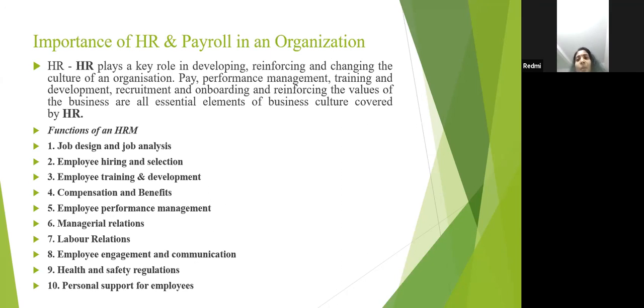Then comes compensation and benefits. That's the fourth part we are looking into in an organization. From the major crux of the total cost expenditure, here comes the role of payroll of an organization. It is a must to cut down the expenses, and at the same time, it is also necessary to pay the employees well.